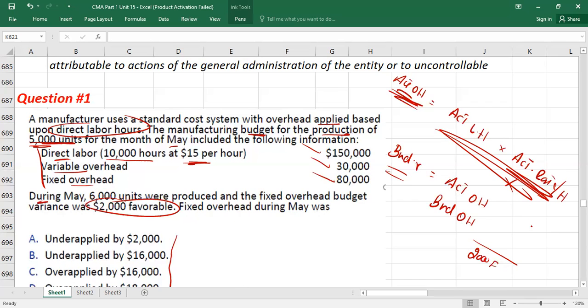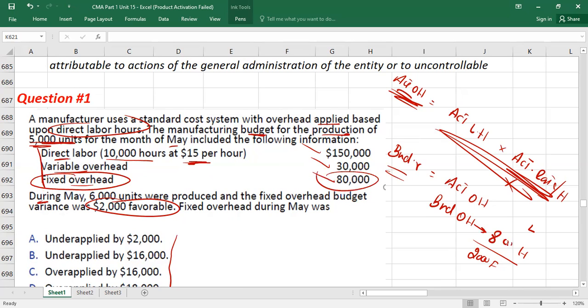It means the first line should be lower and the second higher, then it is favorable. If the first is higher, it is unfavorable, as I told you, in all cost scenarios. Now tell me, are budgeted fixed overheads given or not? Look in the question. Where is budgeted fixed overhead given? Here.